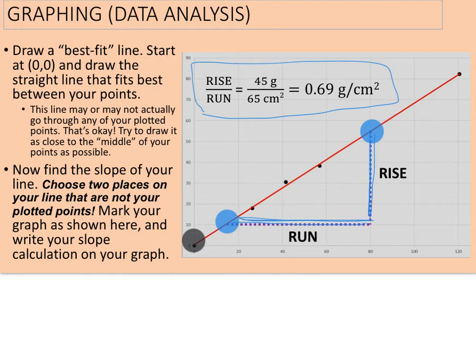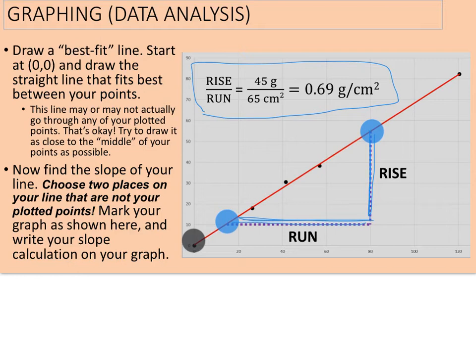So for my graph, using my numbers, my rise is 45, and we use units, and our y-axis is mass, so it's 45 grams. And my run, my x-axis, which is area, is 65 centimeters squared.